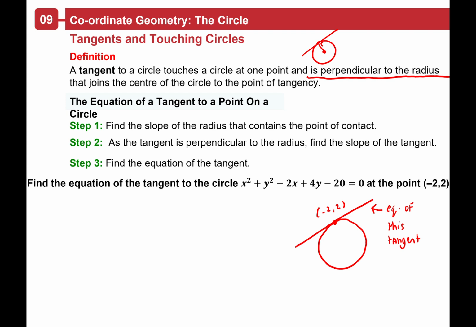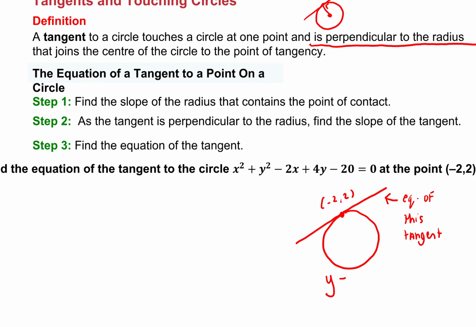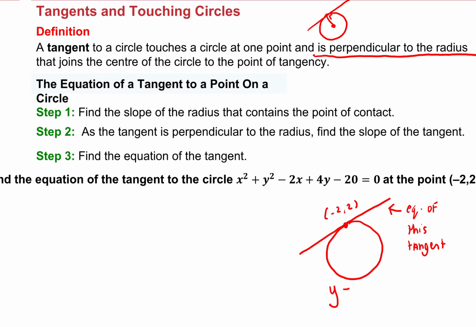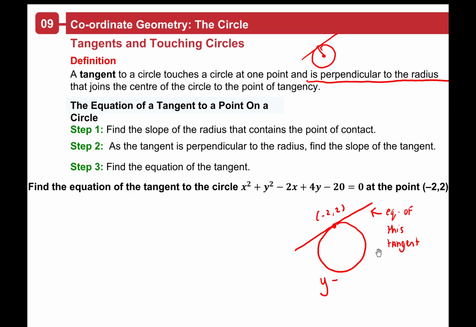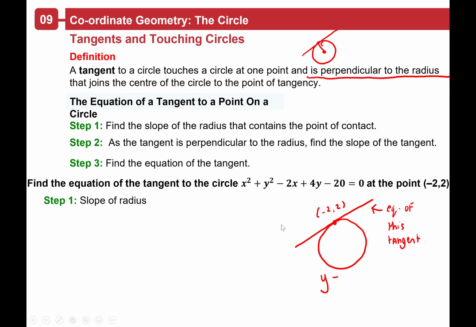So we need to find the equation of a tangent. So we're going to use our formula to find the equation of a straight line: y minus y1 is equal to m times x minus x1.